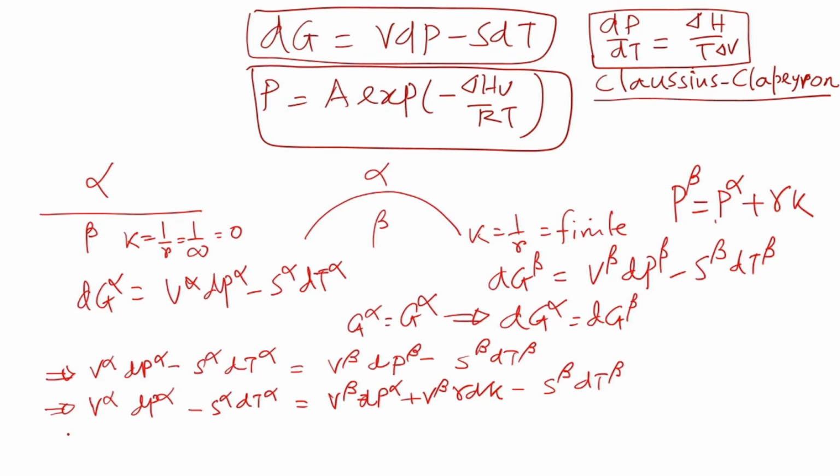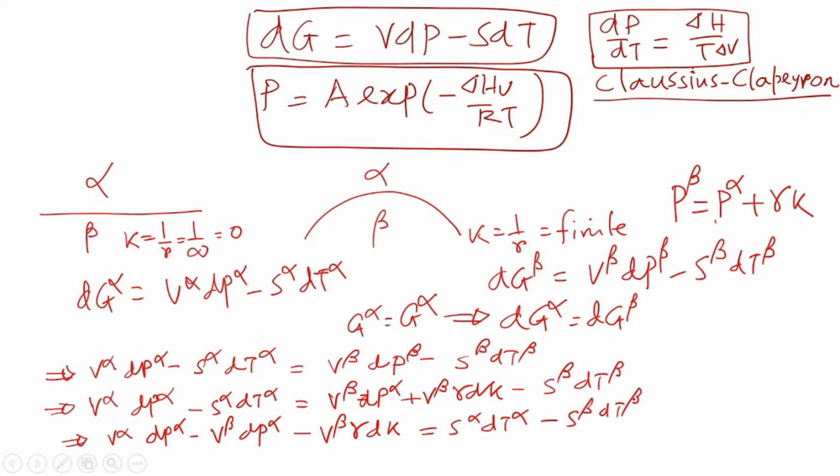So I am going to do it now, very simple. So V alpha dP alpha minus V beta dP alpha minus V beta gamma d kappa is equal to S alpha dT alpha, S alpha transferred to this side, minus S beta dT beta. So as you know, this is a continuum, and this convex thing is a curved surface.